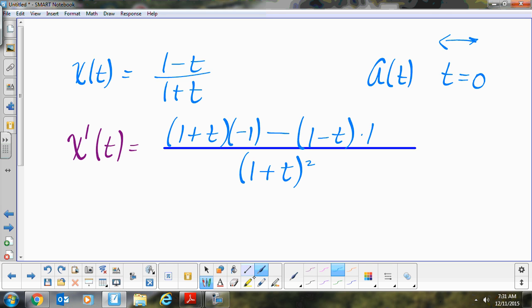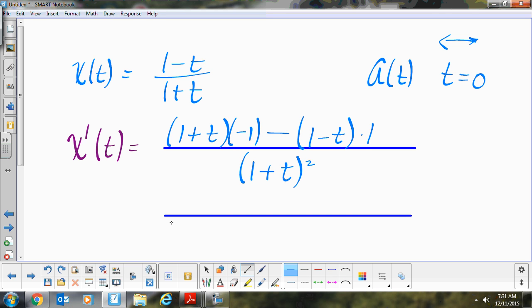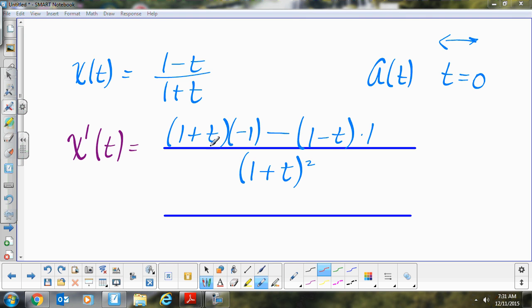So what do we need to do next? What are we going to do? Distribute our negative. We've got -1 minus t. We're going to distribute this negative. We have -1 plus t.